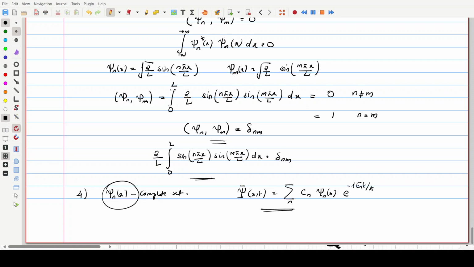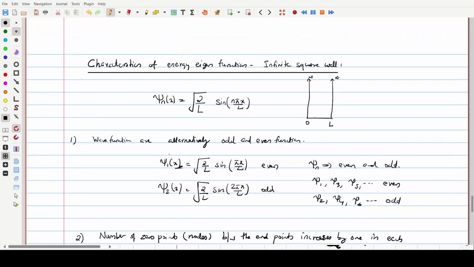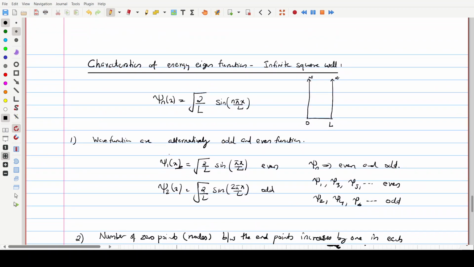For the time being we are going to stop here, and we can just summarize. In summary, we have found the properties of the energy eigenfunctions in the case of the infinite square well, and we found that the wave functions are alternately odd and even functions.